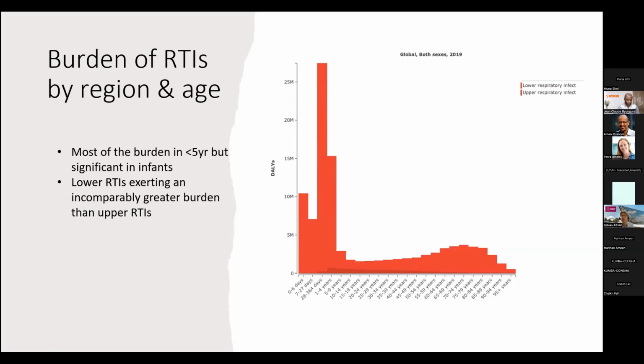And this is a mix of pneumonia due to bacteria and RSV due to viruses and other viruses, and we get to know more and more. Then we don't have that much, but still we have a burden of disease also in all ages, and then it's increasing again in the elderly.